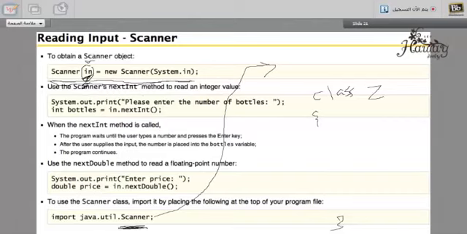So you say import java.util.Scanner. You are calling the class Scanner from the library.